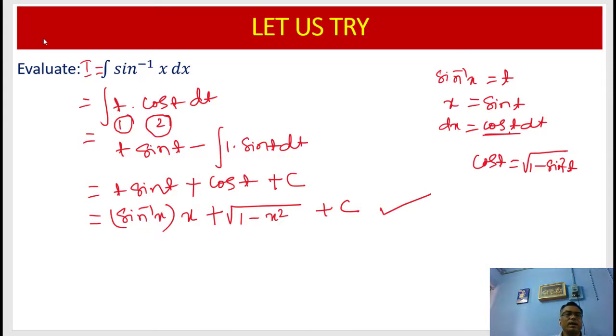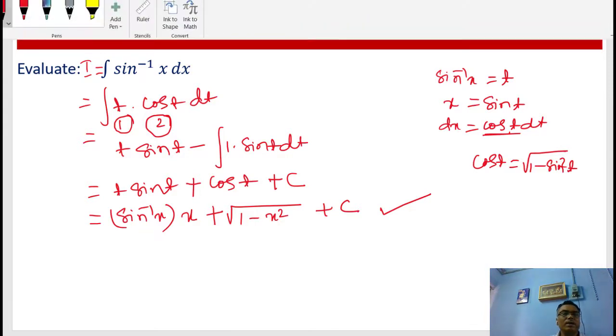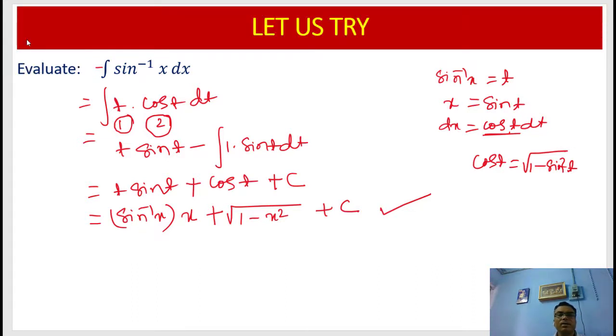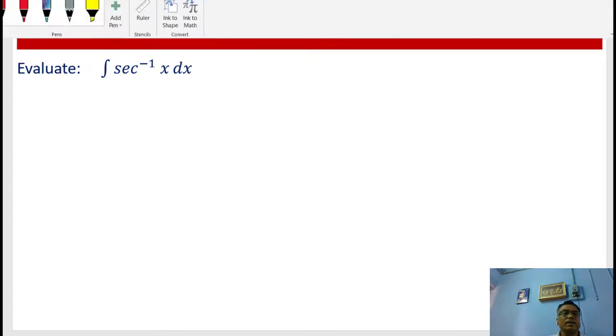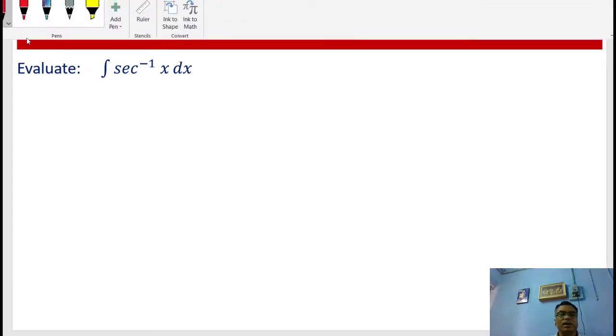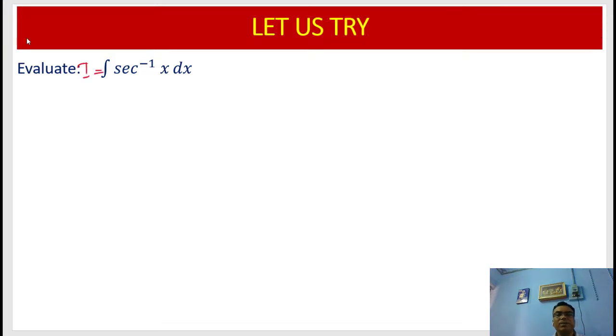So when the integral consists of sin inverse, cos inverse, sec inverse x, cosec inverse x, in those situations you will have to change them. Here, sec inverse x. How to do it? Like sin inverse x, in the same way we will do integration of sec inverse x.